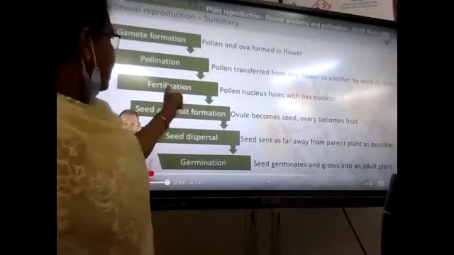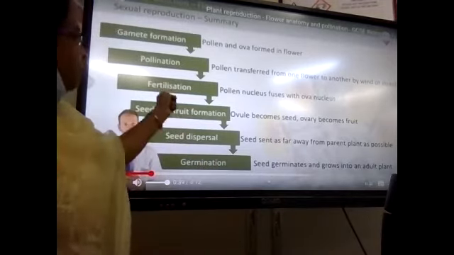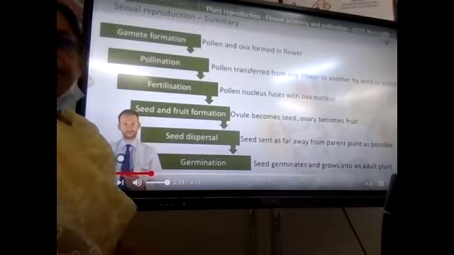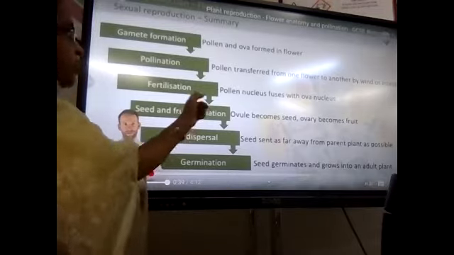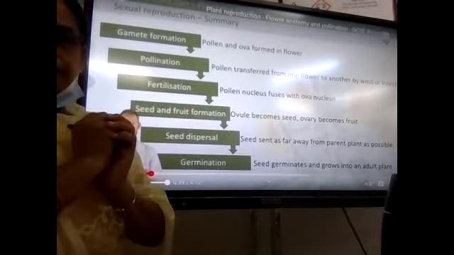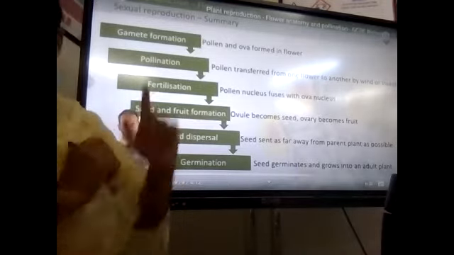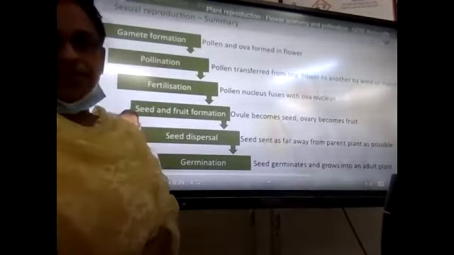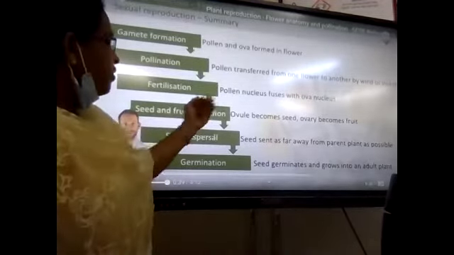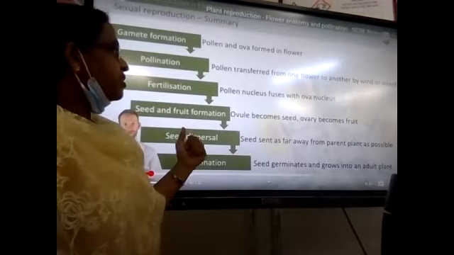Okay. Then the next is fertilization. This is fusion, meaning joining. Fusion of pollen nucleus with ova nucleus. Okay. Then after fertilization, what happens?